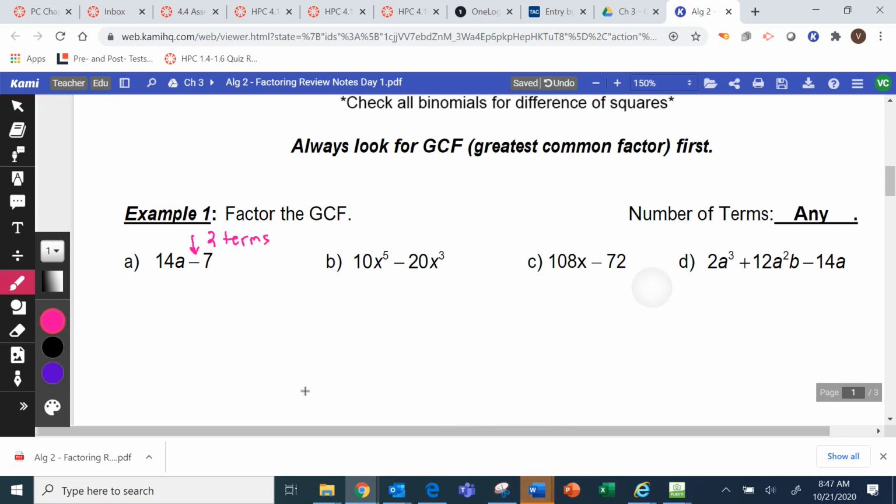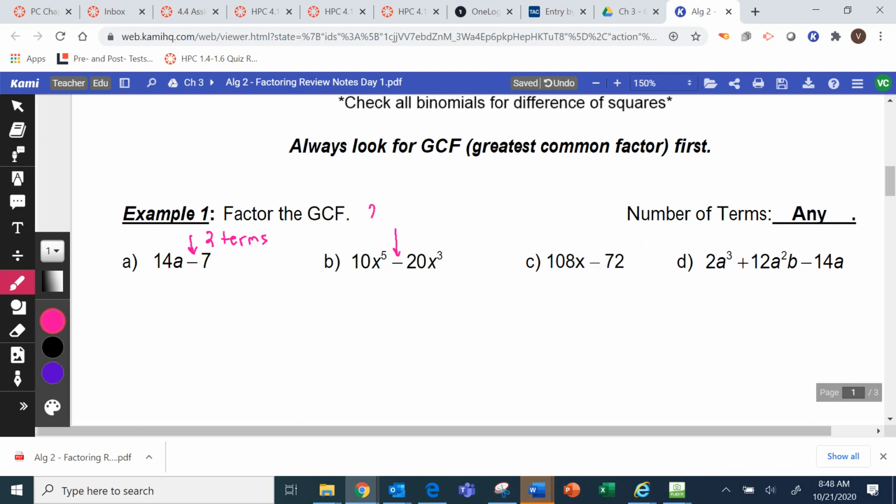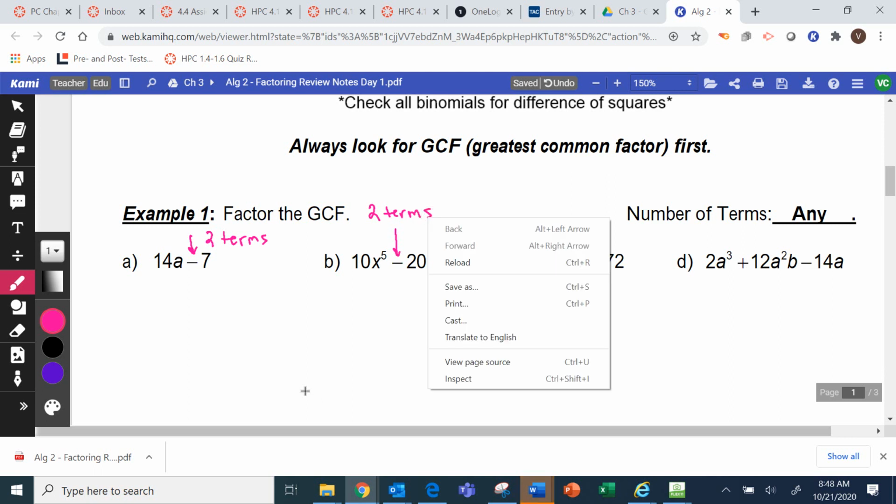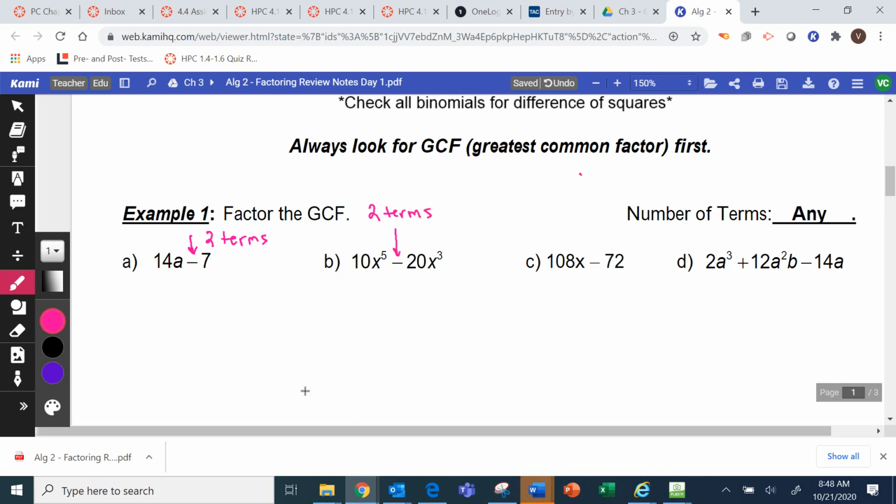How many terms does this one minus sign separate? 2 terms. How about this one? We've got a plus sign, and then we've got a minus sign. So how many terms does this one have? 3 terms. 1, 2, 3.